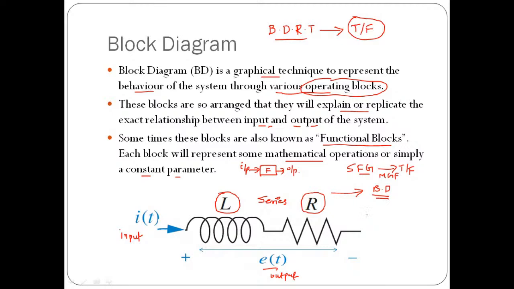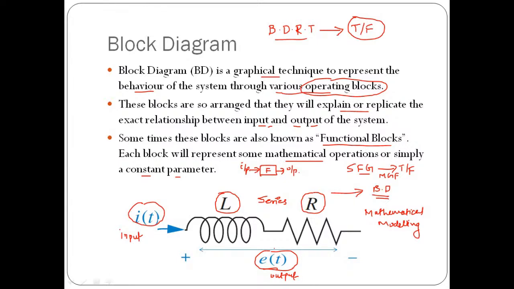So first we need to obtain its mathematical modeling. And once we know the mathematical modeling of this system, we are going to find out what will be the relationship between this input with respect to the output, and that function we are going to place inside a block.